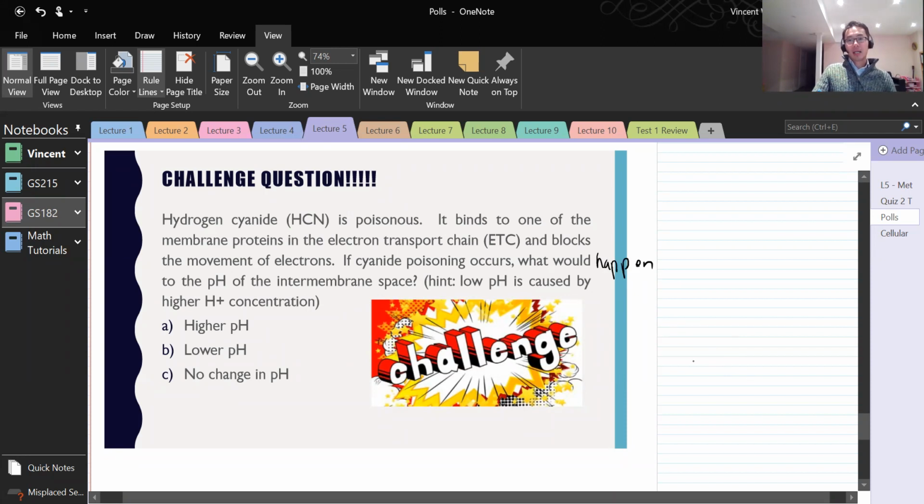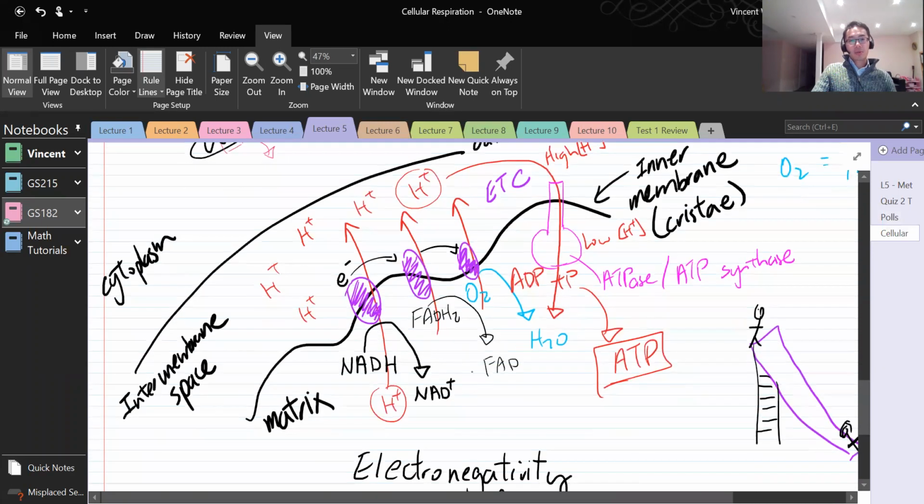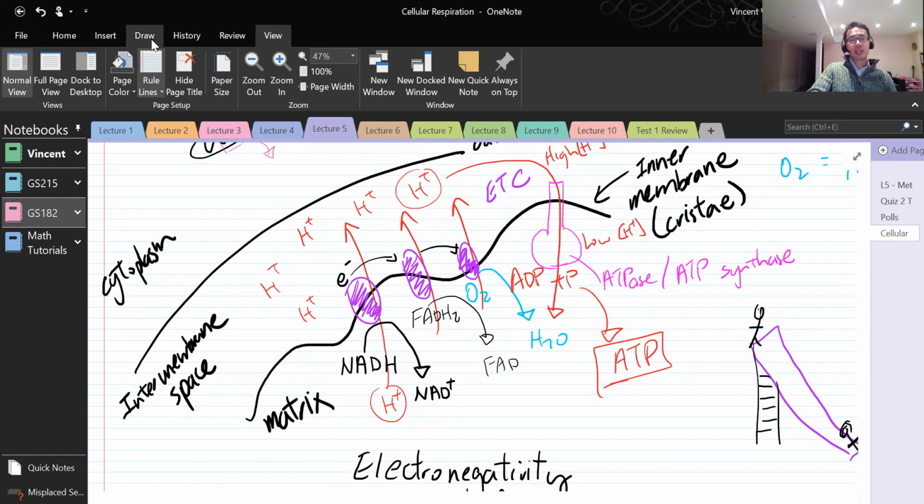Let's think about our picture here, the one that we did. The ETC allows us to pump H plus from the matrix into the intermembrane space. The energy is, of course, supplied by the high energy electron.